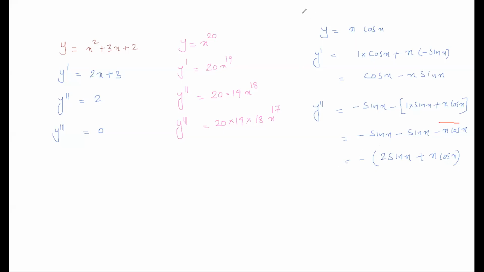So that's the concept of derivative, second derivative. Like y is equal to log x, first derivative, y dash is equal to log x ka derivative 1 by x. Second derivative, 1 by x ka derivative minus 1 by x square.